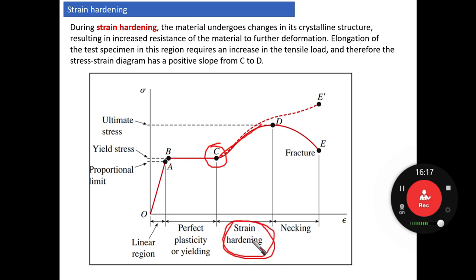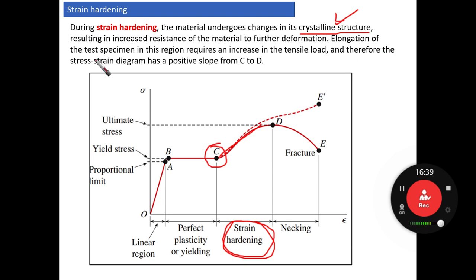So if I ask you what is the main reason for strain hardening, the answer simply is the change in crystalline structure. This results in increased resistance of the material to further deformation. That's the key word here.